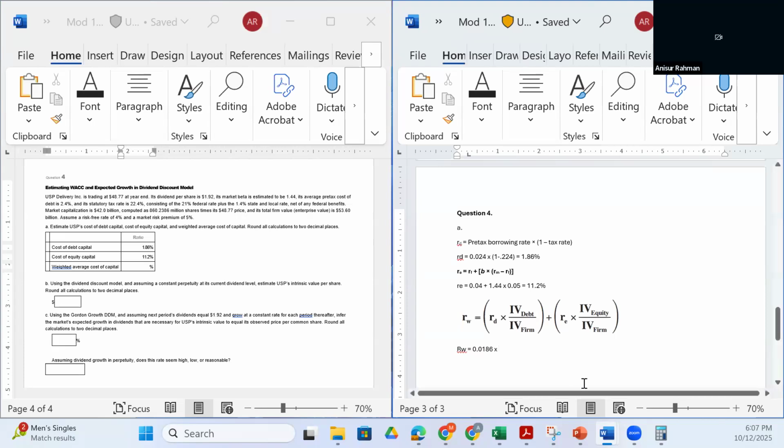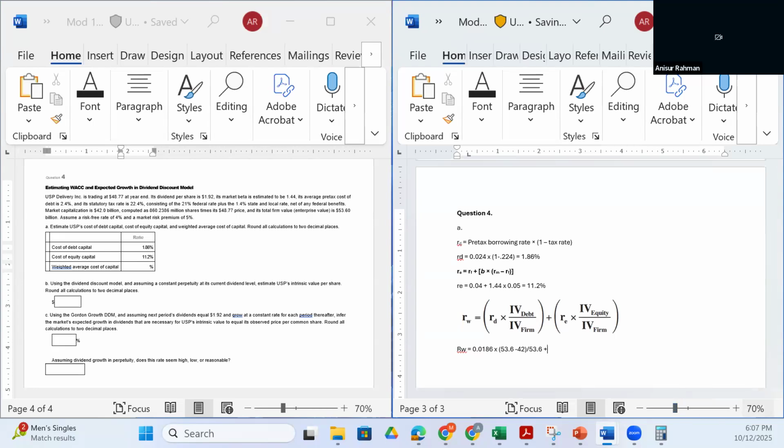So 53.6, that is our market value of the firm. In this case, we are using it as intrinsic value of the firm, minus market value of equity, which is 42. That gives us our market value of debt, which is used as intrinsic value of debt, divided by 53.6.